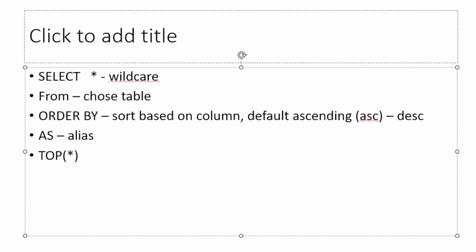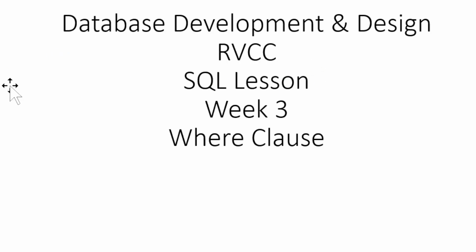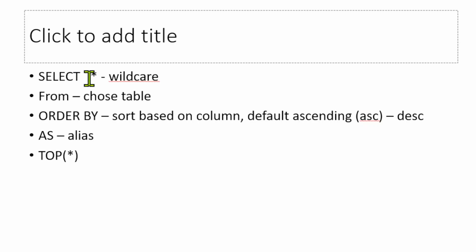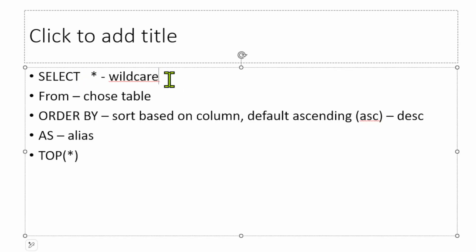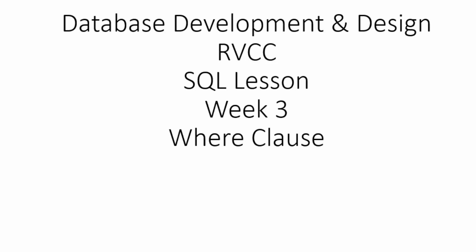The where clause now allows us to filter records by many phrases. Select filters by columns, from lets us choose the table, top lets us cut down the number of records.